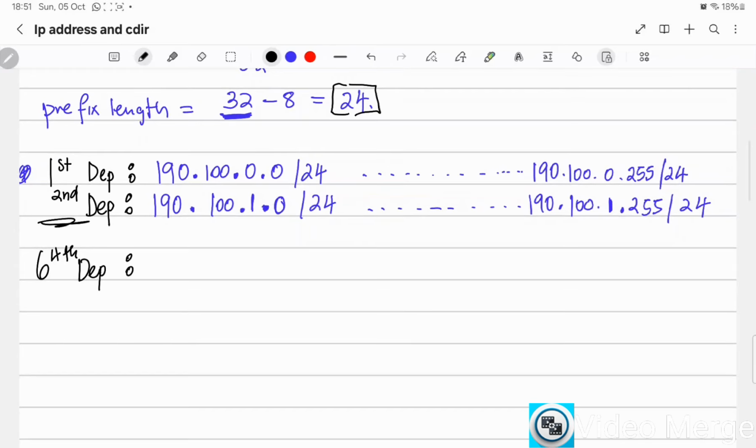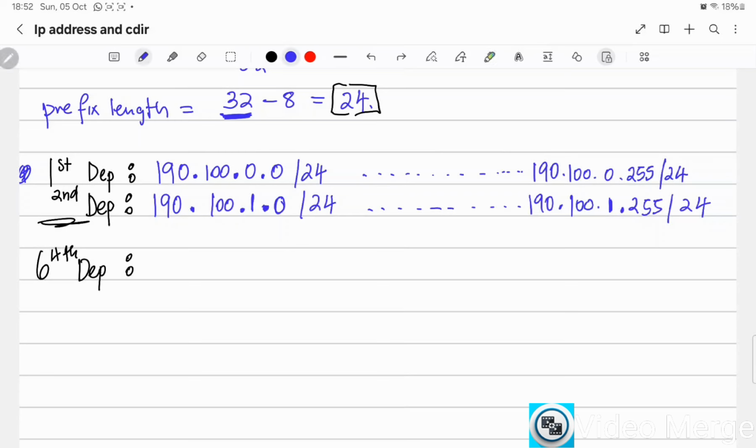Notice the pattern with these values. In the starting address for each department, we're using zero-based indexing. This is the first department, and the third octet is 0. So when you are on your 64th department, on your third octet you're going to have 63.